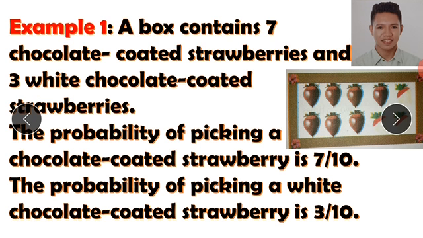Let's proceed with this example. A box contains 7 chocolate coated strawberries and 3 white chocolate coated. You can see here we have 7 chocolate coated and 3 white. 1, 2, 3.